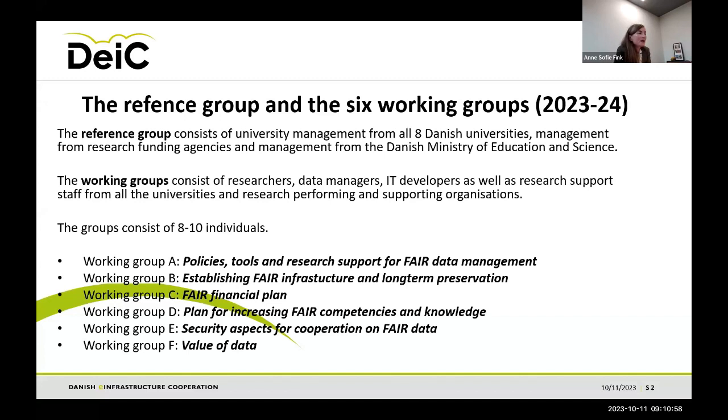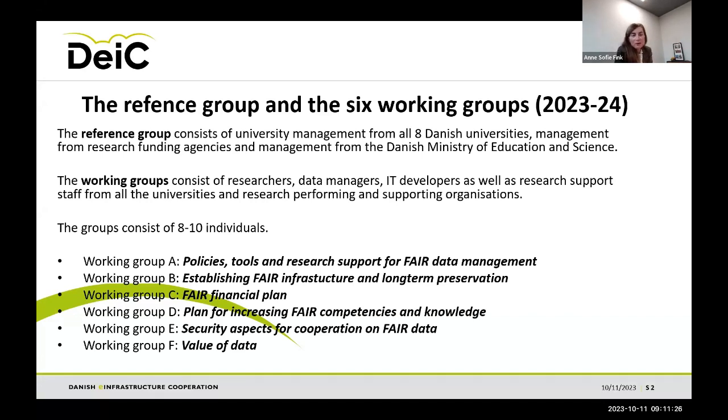Group C, looking at FAIR financial planning. Group D will look into how to plan for increasing FAIR competencies and knowledge. Group E are looking at security aspects for FAIR cooperation on FAIR data. And Group F is on the value of data.